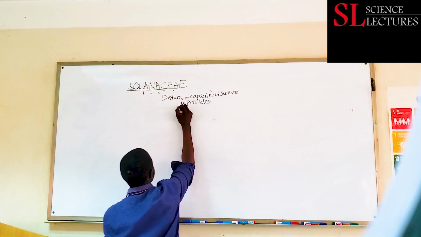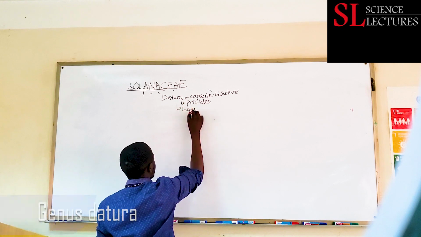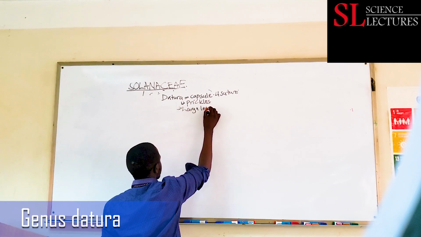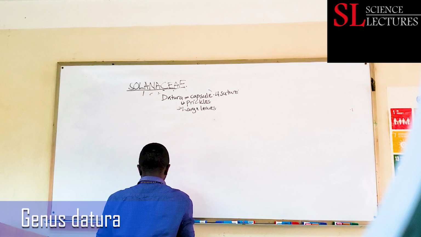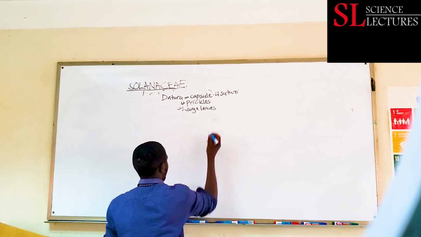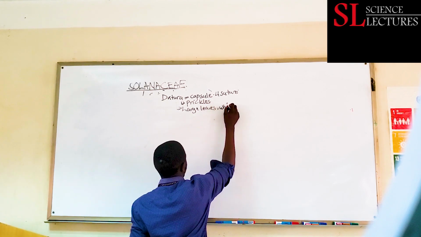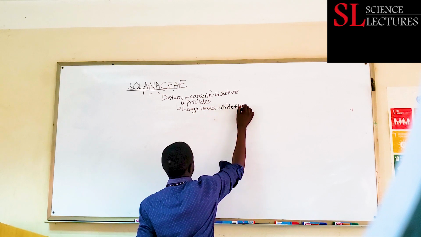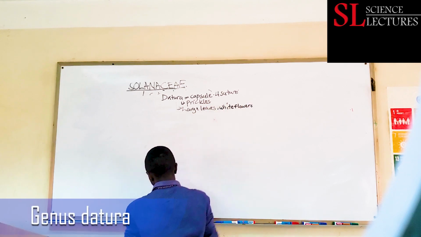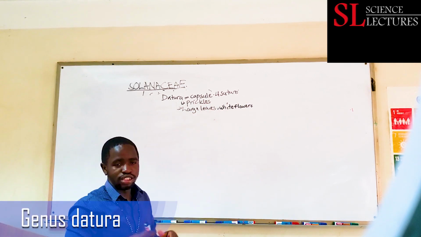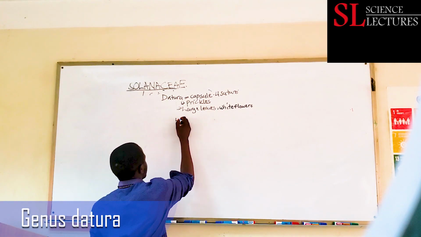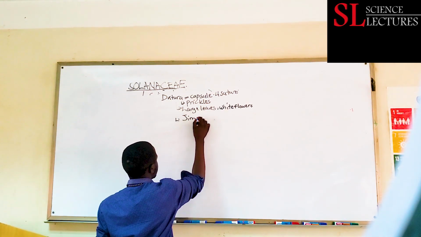Then this family also tends to have large leaves, and it also has white flowers. So the best example under this genus is Jimson's weed.